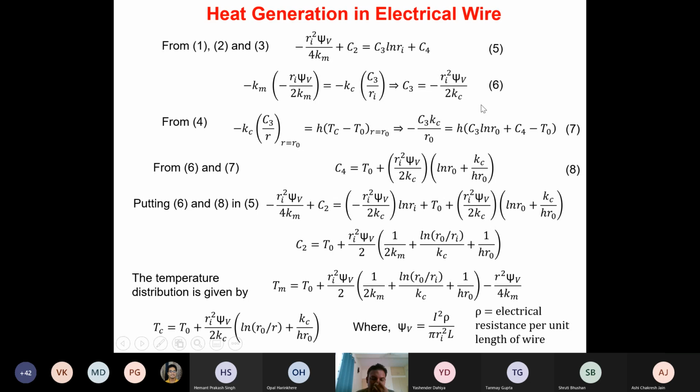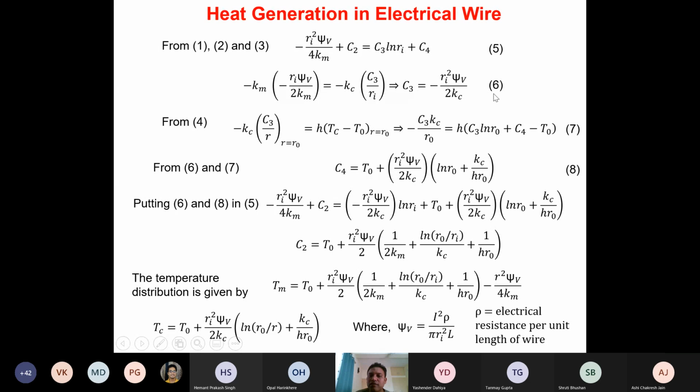Okay. So after rearranging, what we get is C4 by equation number 8, which is given as T naught plus Ri square psi v divided by 2 Kc in the bracket ln R naught plus Kc divided by H R naught. Now put 6 and 8 in 5.